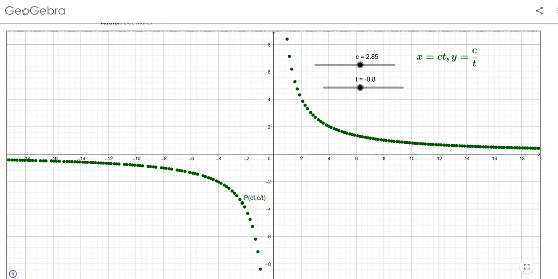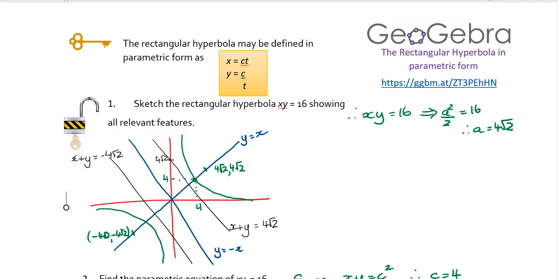I'll just let it run back. There we go. So that might hark back to the work on the parabola in parametric form that we looked at in Extension 1.